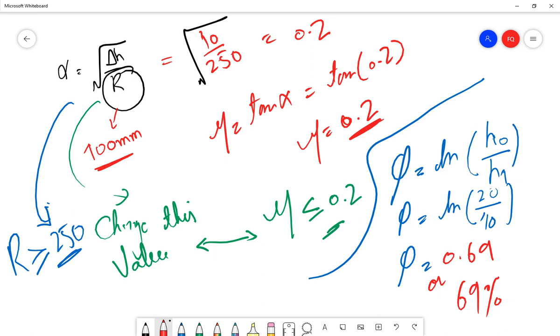The next thing we realize from here is that it is quite difficult and cumbersome to do this process using warm rolling, because the radius and diameter of the roller would then be greater than 500 millimeters. So what we usually do with this kind of thickness reduction is we do it in multiple steps, because this would require a lot of force.